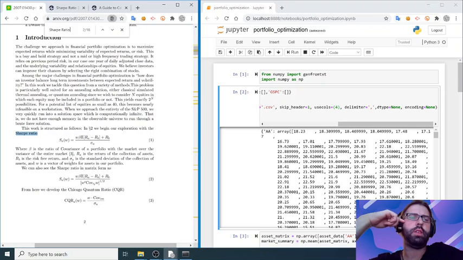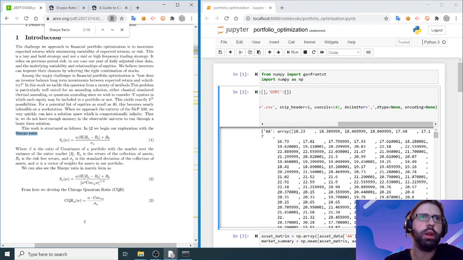Okay, so in this case, the ratio of the covariance of the portfolio with the market over the... but I don't know what the E is.